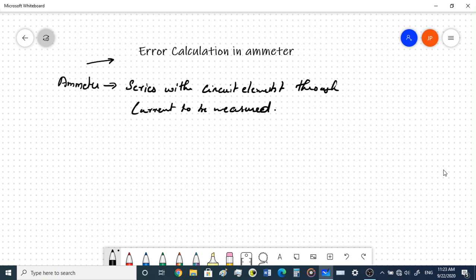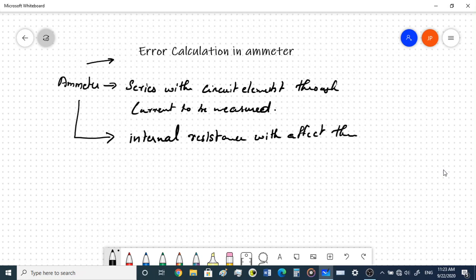The problem here is that the ammeter will have a small internal resistance. It definitely has an internal resistance, and that is going to affect the measurement itself.